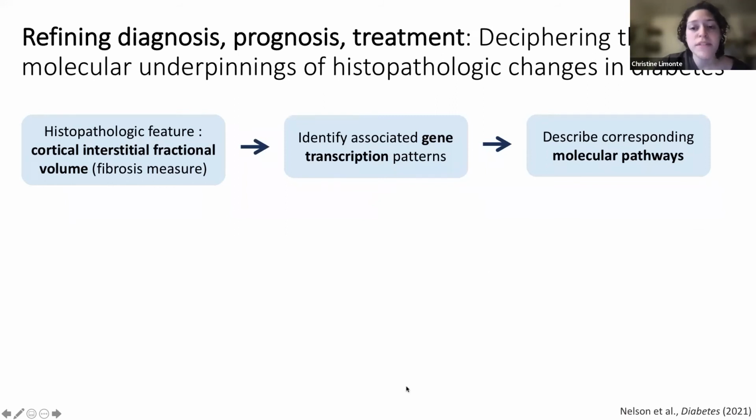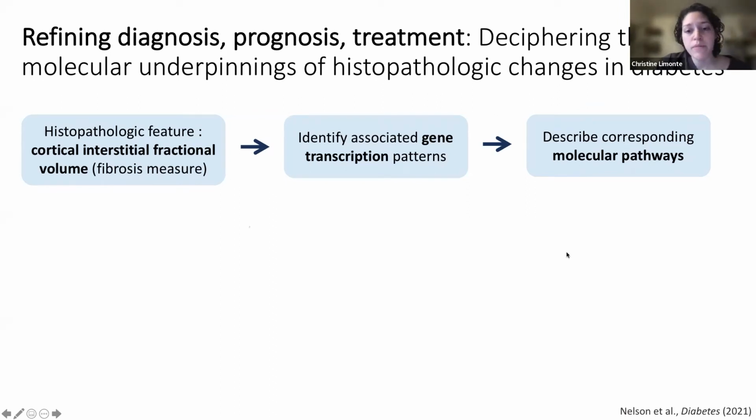Also, using biopsy to identify specific dysregulated molecular pathways may be helpful. For example, in the PIMA and DUNE cohort, they had found cortical interstitial fractional volume, a measure of interstitial fibrosis, to be associated with adverse long-term kidney outcomes. So investigators went on to identify genes and transcription patterns that were associated with this specific structural feature, and then to describe the molecular pathways these genes are involved in.